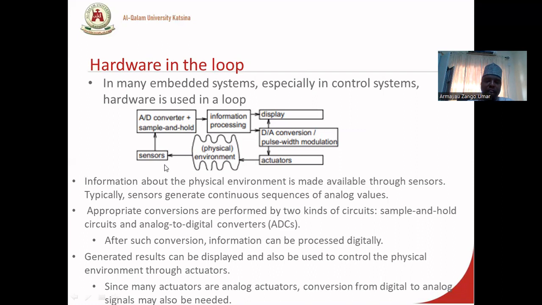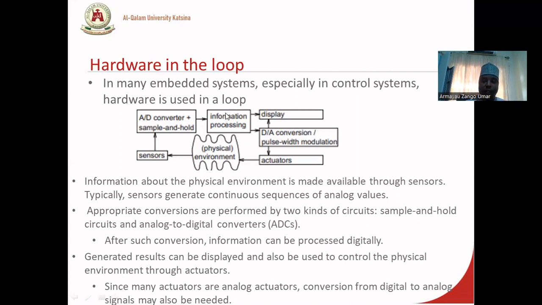So what observes this environment are mostly sensors, and when these sensors take information, they take it in the form of analog signals, which have to be converted into digital for these computers to process, because mostly we are dealing with digital computers.